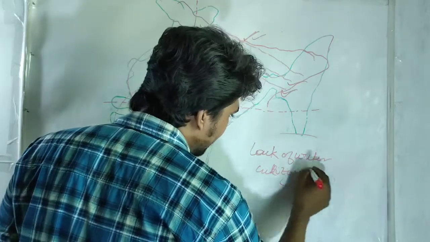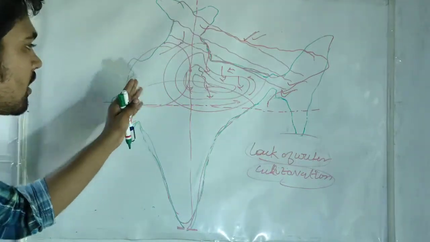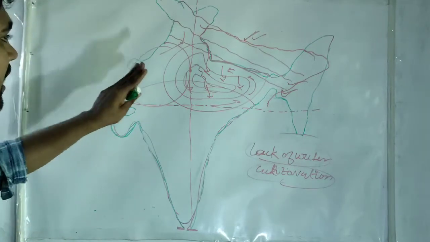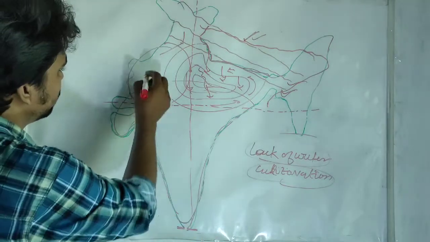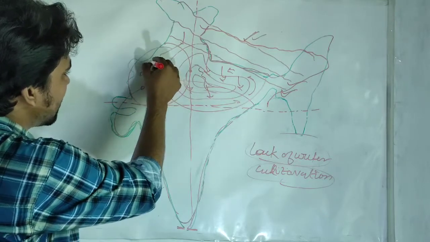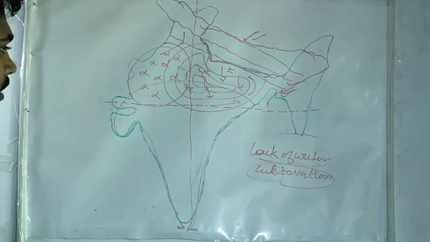And in desert areas the soil is not fertile, so due to that reason a high amount of sand is found there. As we know, the Rajasthan desert is one of the biggest deserts in India.